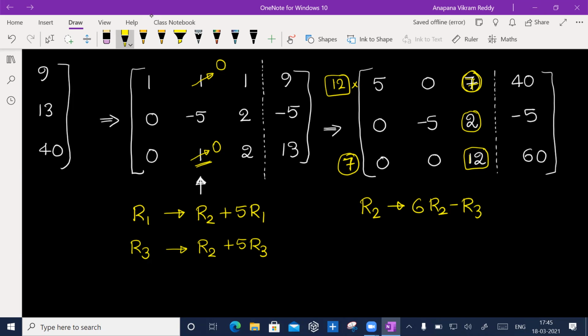So R2 equals 6 R2 minus R3, but what must R1 be? For R1, I do 12 R1 minus 7 R3. This 12, I took it here, and this 7, I brought it here.